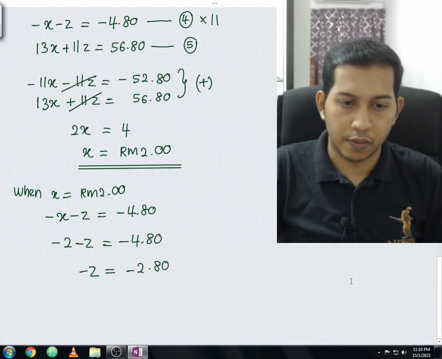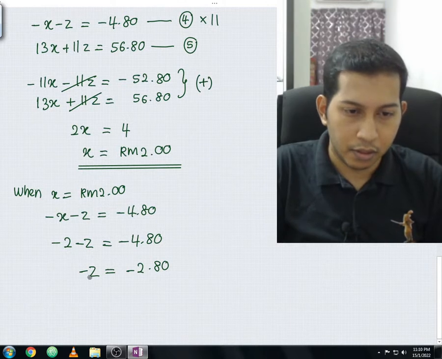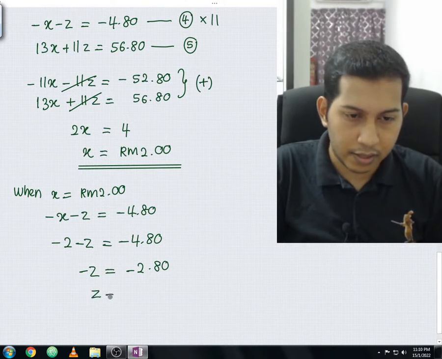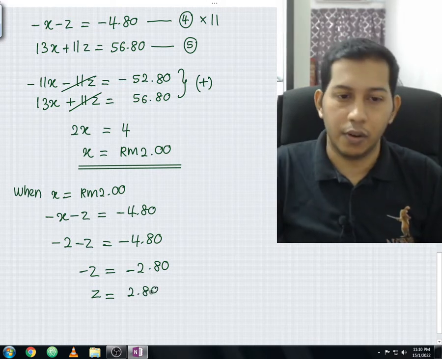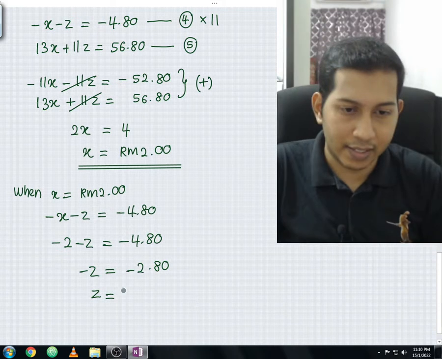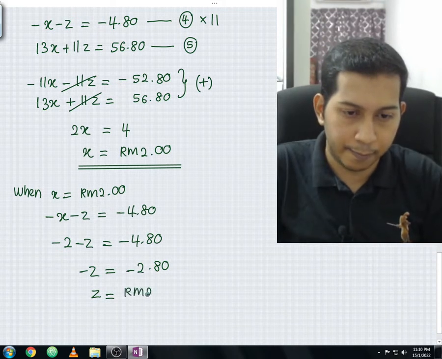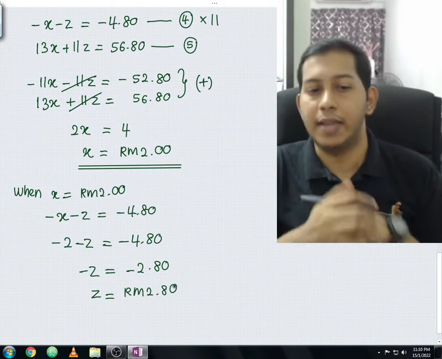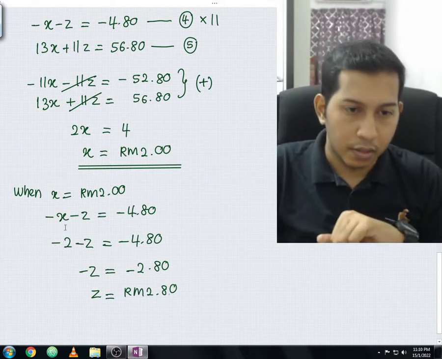So you get z equals 2.80, or in terms of currency, 2 ringgit 80 cent.